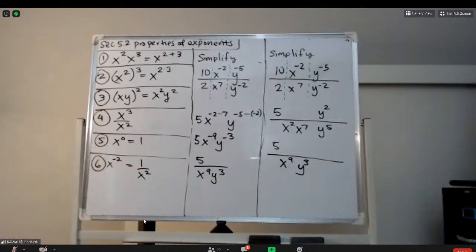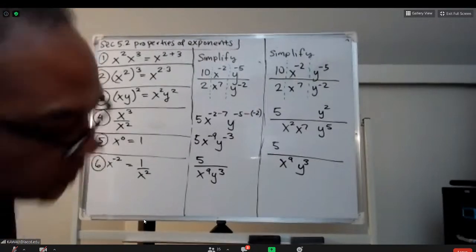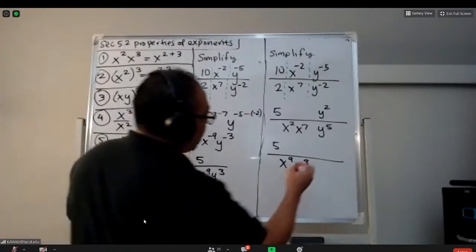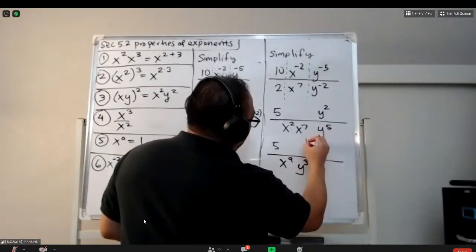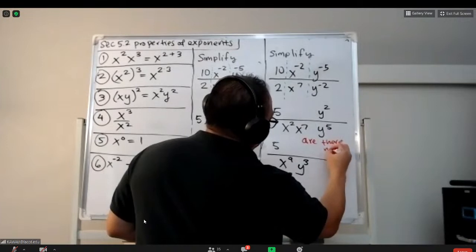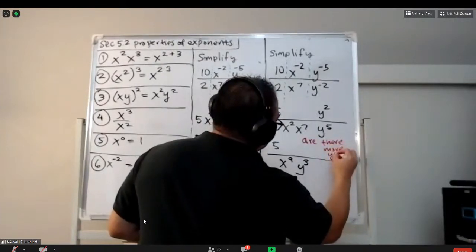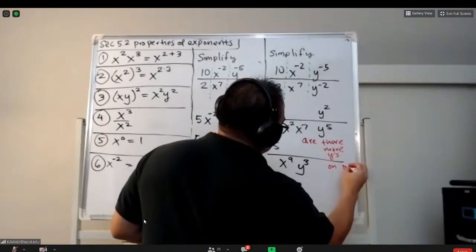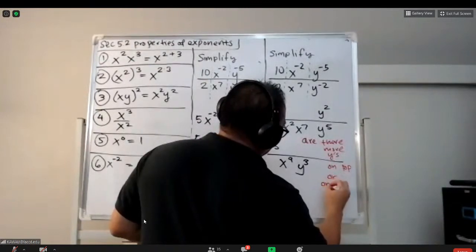Professor, the equation to the right, can you explain again how you went from y2 over y5 to y3 just at the bottom? Yeah. What you ask yourself is, are there more y's on top or on the bottom?